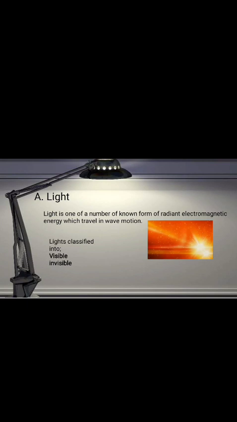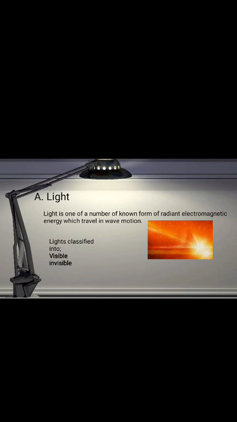Light can largely be classified into visible and invisible light. Visible light is the type of light that produces different sensations when it reaches the human eye.